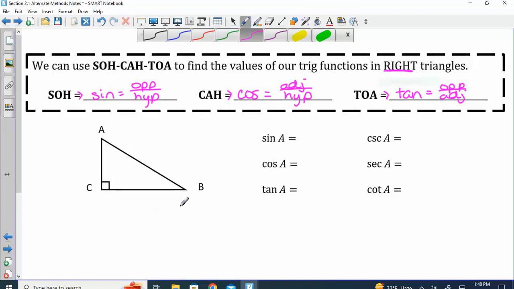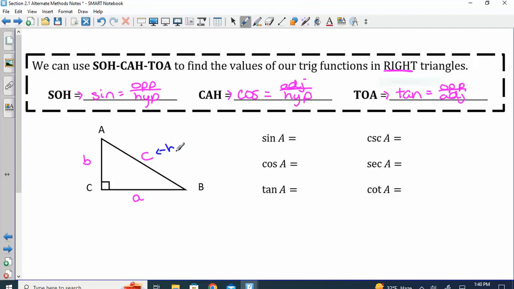If I took this right triangle ABC, just some notation things, we use capital letters for the angles, lowercase letters for the sides. And our sides go across from the angles. So side A is across from angle A. Side B is across from angle B. Side C is across from angle C. In terms of opposite, adjacent, and hypotenuse, what is side C?